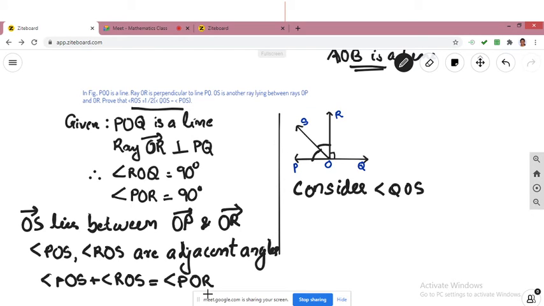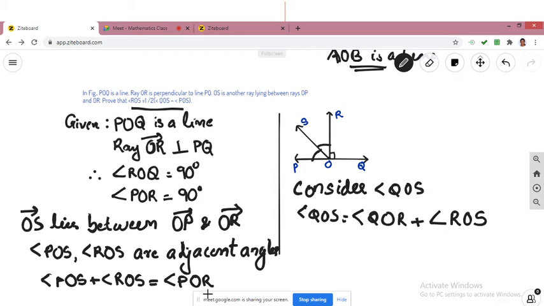QOS is this big angle, and angle QOS is equal to angle QOR plus angle ROS. Can we write it like that? Yes, ma'am.